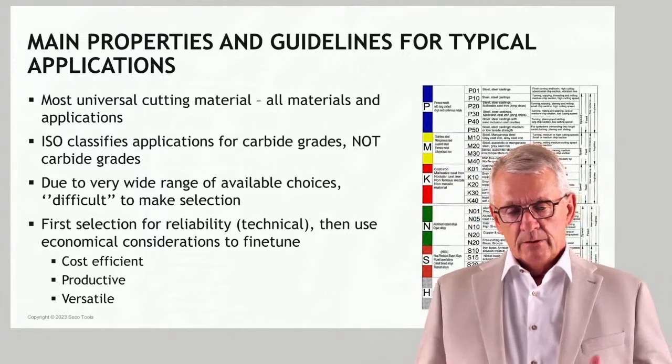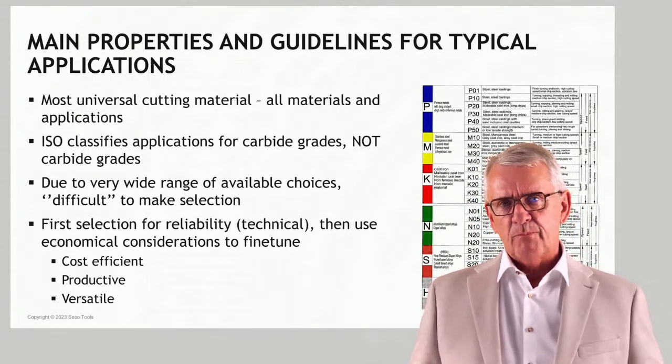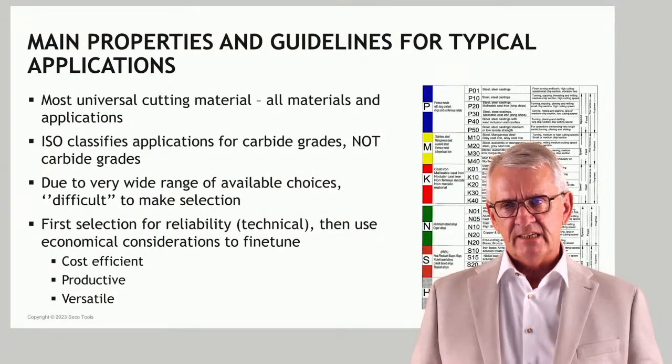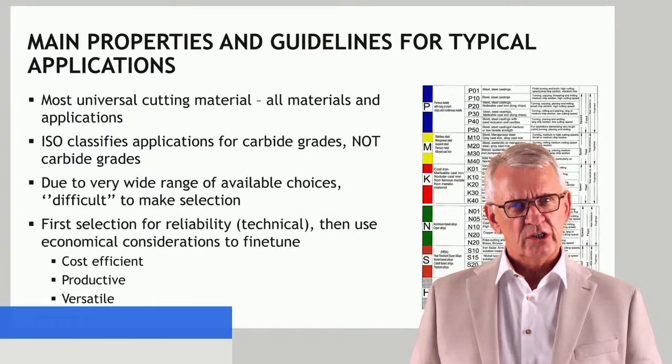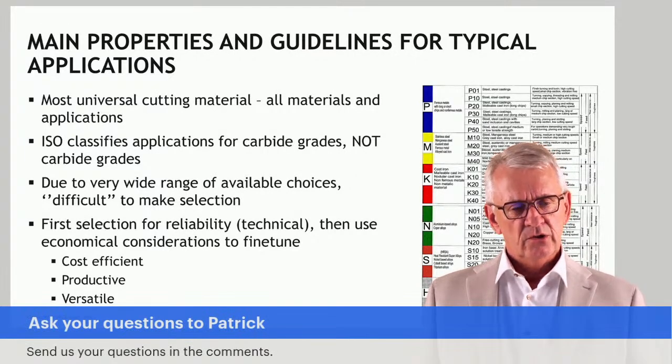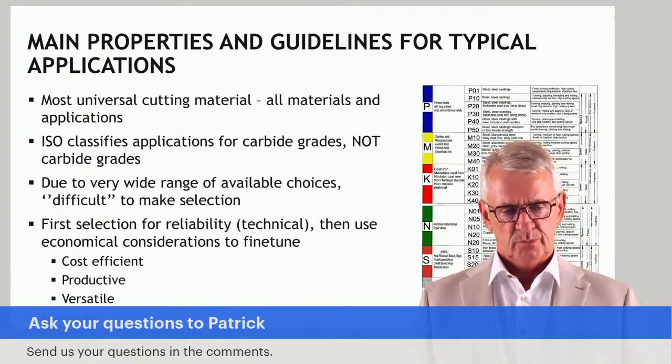But anyway, remember that this ISO system classifies applications, not cutting materials. P10, as an example, is an application. It's not a cutting material. You have to be very much aware of that, because otherwise you are due for some serious accidents, perhaps, during machining.